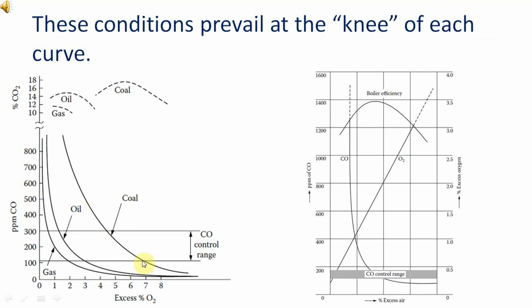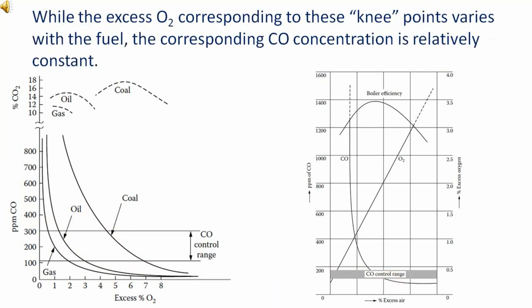These conditions prevail at the knee of each curve. While the excess oxygen corresponding to these knee points varies with the fuel, the corresponding carbon monoxide concentration is relatively constant.